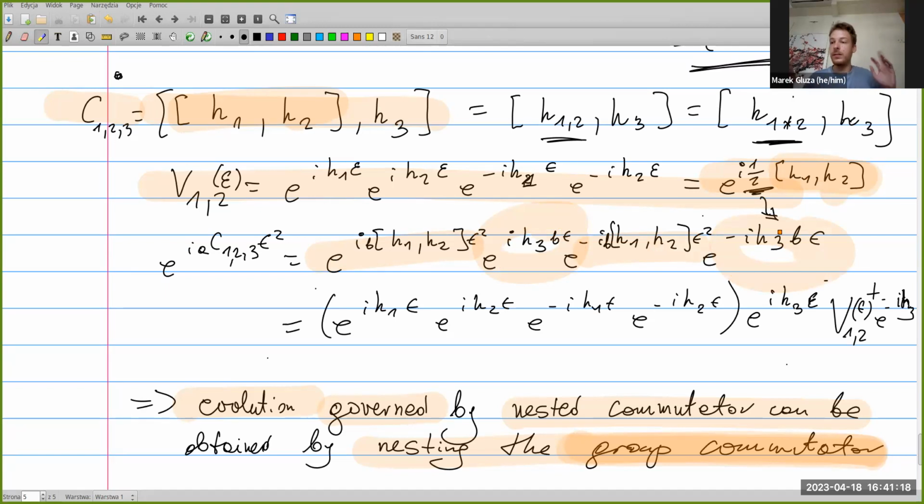Those are just simply operations. And the way it would look is that ultimately I would have H1, H2, H3 in different orders. But if I align them in the right way, I will get in the end an evolution under the C here.